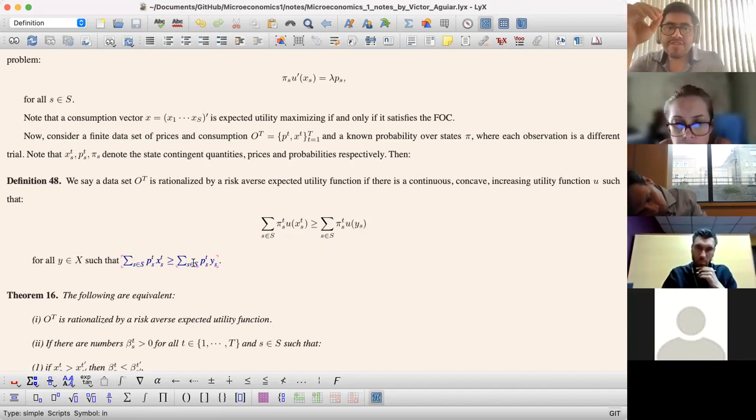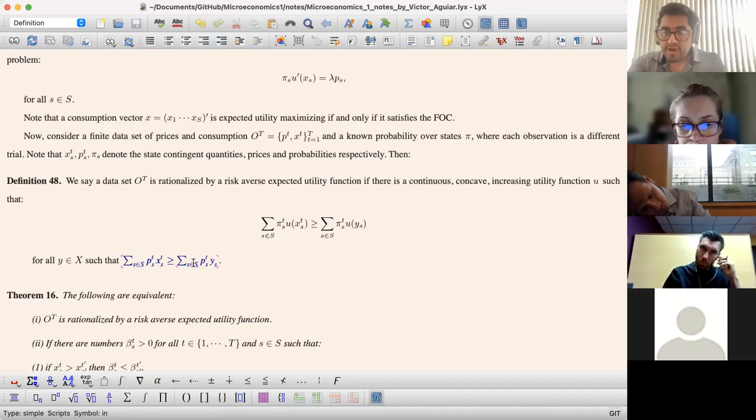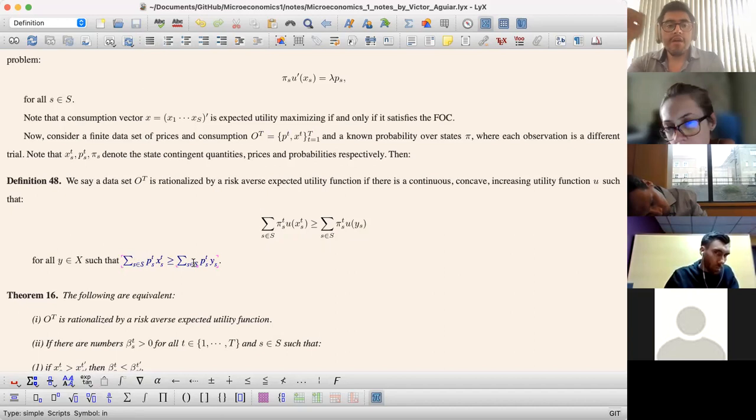The only thing I have changed is that now it's not just an arbitrary utility, it's an expected utility. Do you agree? My evaluation is using expected utility, otherwise it's the same. So this is a notion of expected utility rationalization.